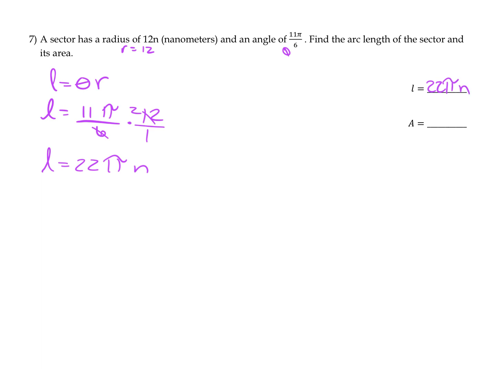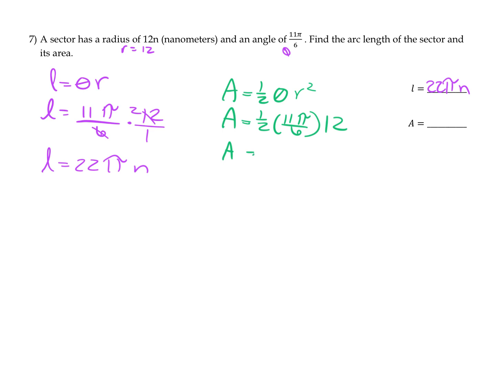Okay, so now let's go and find the area of our sector. So that's 1/2 theta r squared. So area is equal to 1/2, theta is 11 pi over 6, and my radius is 12. So half of 12 is 6, 6 is on the bottom.